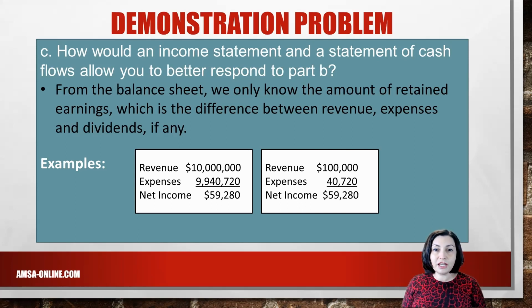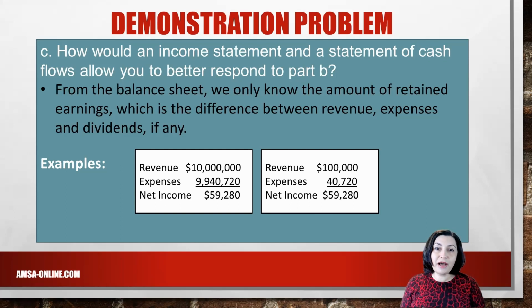If we could see an income statement for Crystal Auto Wash, we could have seen the company's revenues and expenses for the period ending on the date of the balance sheet, September 30th, 2021. We only know the amount of retained earnings, which is the difference between revenue, expenses, and dividends, if any.